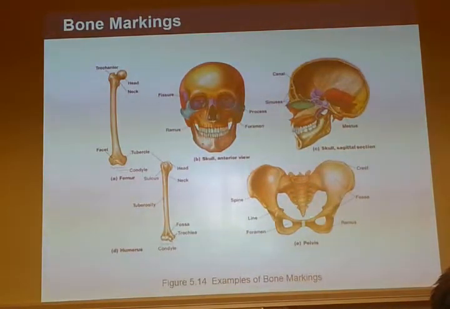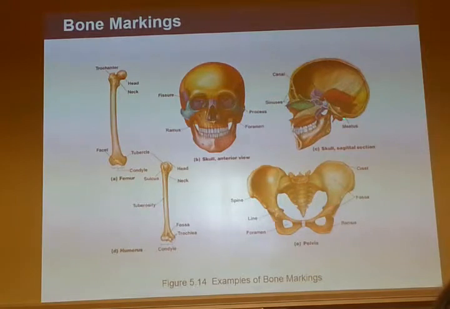The term foramen: we have foramen in the skull, and we have the biggest foramen in the occipital bone called the foramen magnum. We've got large foramen here, but they're really not foramen at all. There's connective tissue there and no space to speak of.